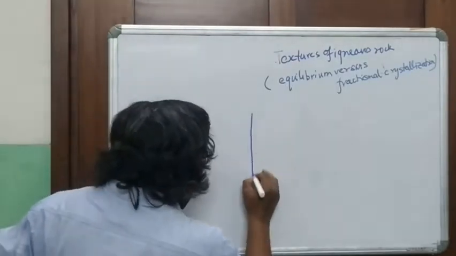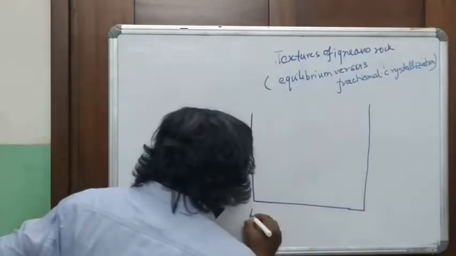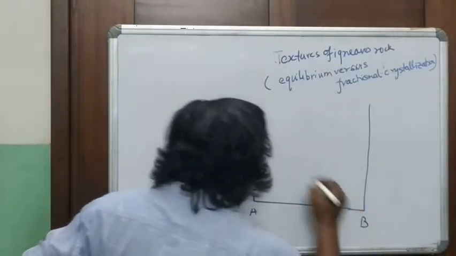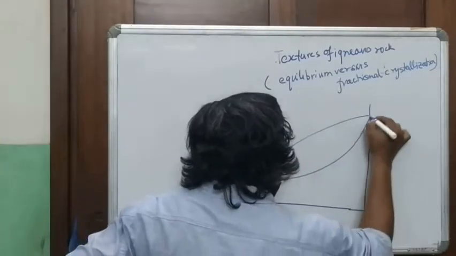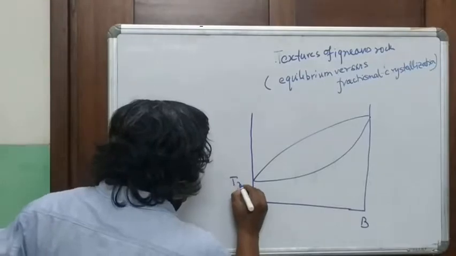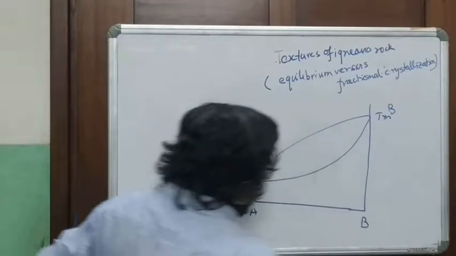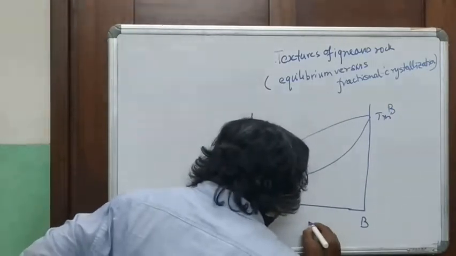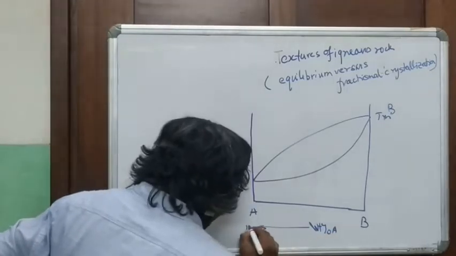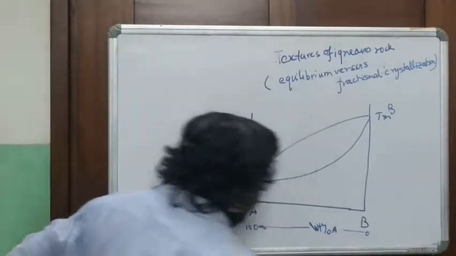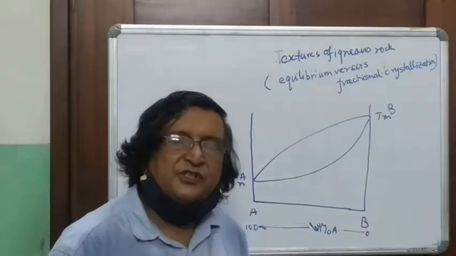Now, we drew this diagram last lecture, where you had A and B, and let's assume there is TMA and this is TMB, and this is A, and weight percent A, for example, increases to 100 here or 0 here. So where you have weight percent A 0, the weight percent B is 100.